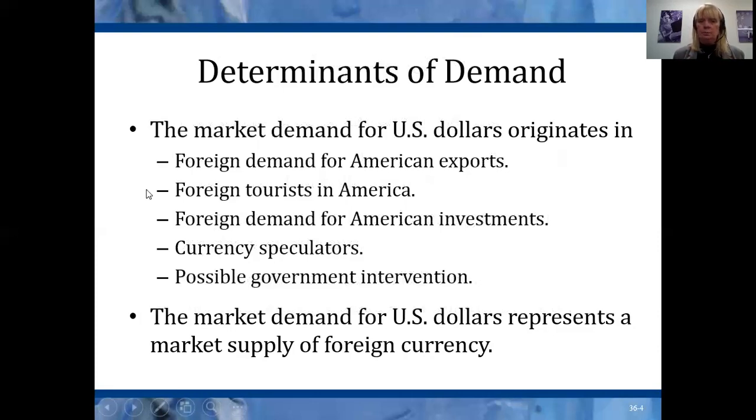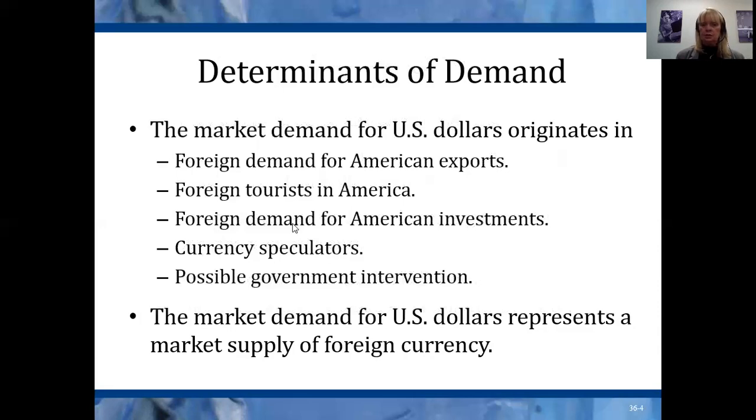So when people in other countries buy our exported goods, things that are made here and shipped to other countries, they're going to demand dollars to pay for that.